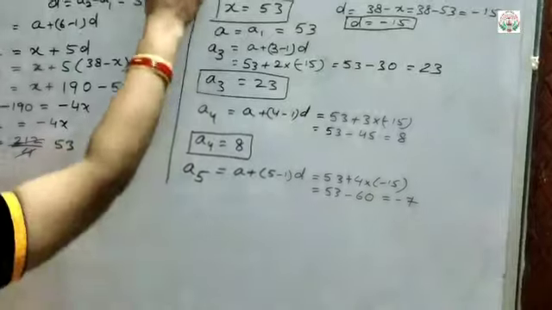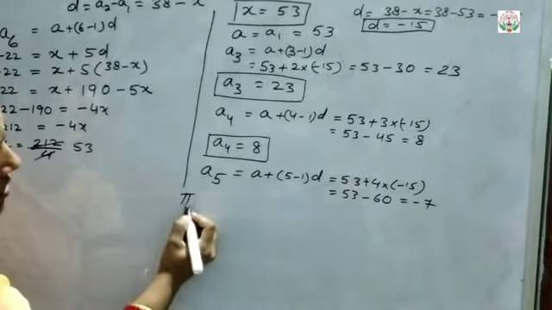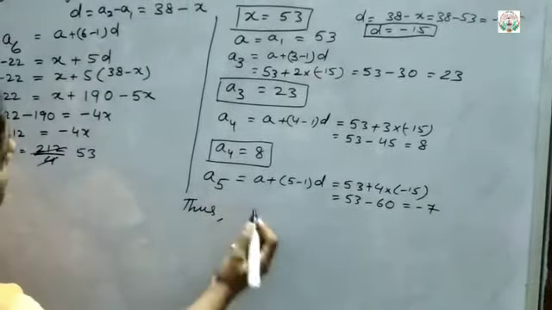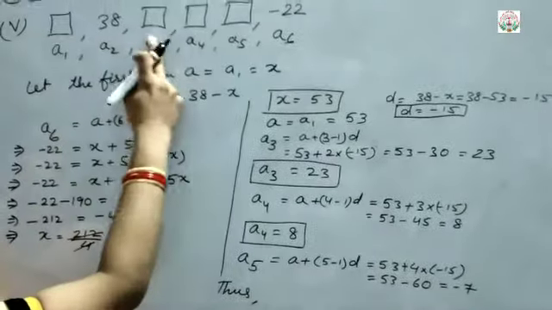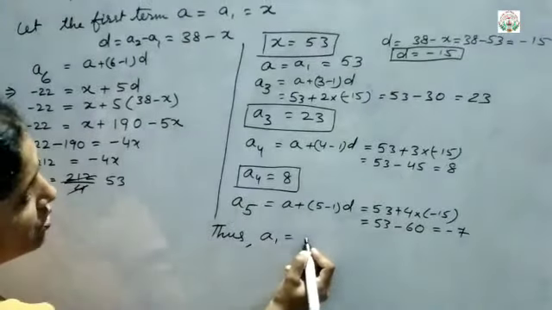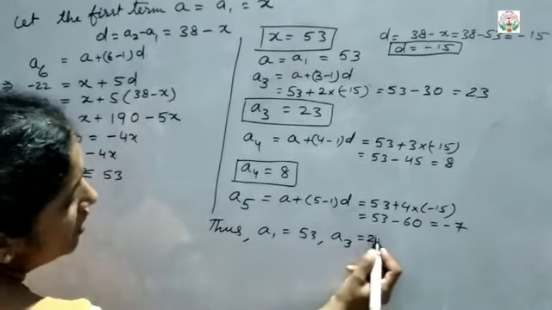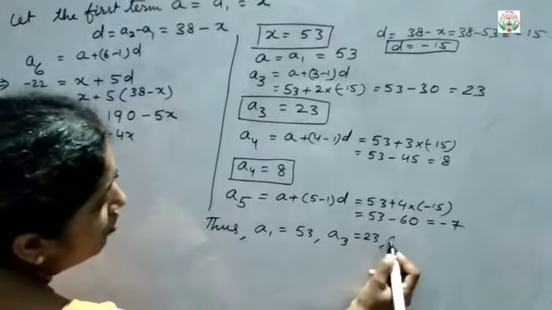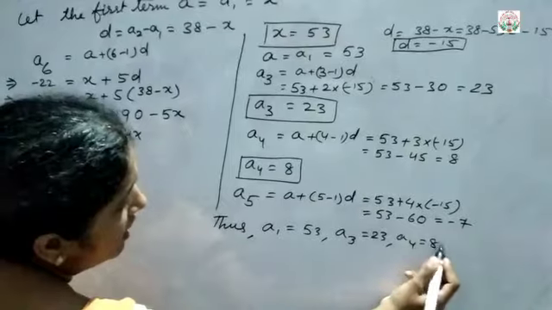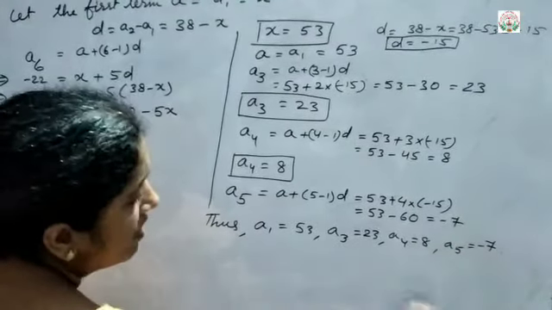So A5 is minus 7. Thus the unknown terms are A1 equals 53, A3 equals 23, A4 equals 8, and A5 equals minus 7.